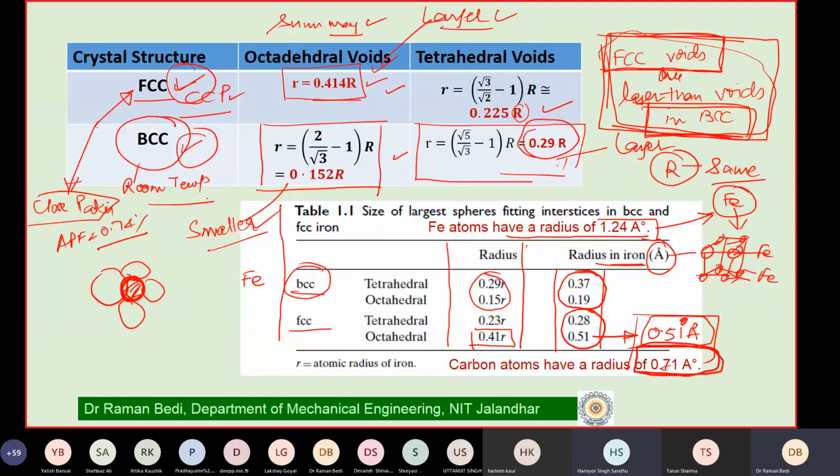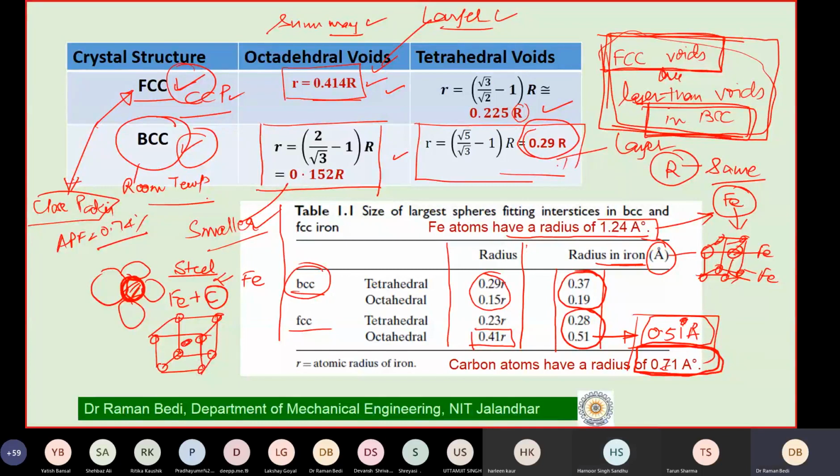I want to create steel, which is nothing but iron plus a non-metal, carbon, which has been added into it. So iron has a BCC structure at room temperature. Now I want to add carbon, a non-metal, into it to create what we refer to as steel.